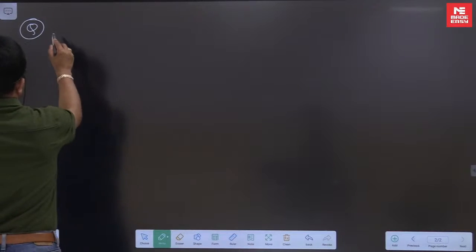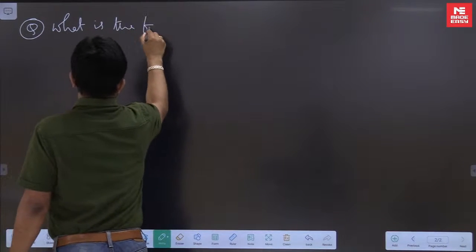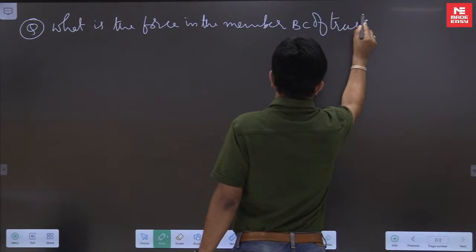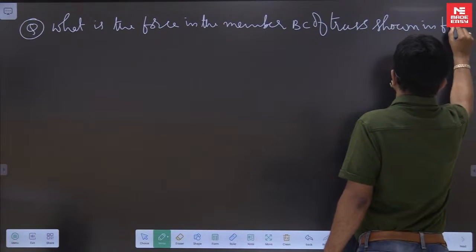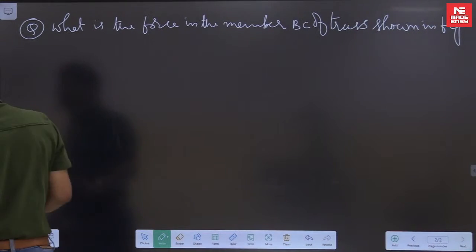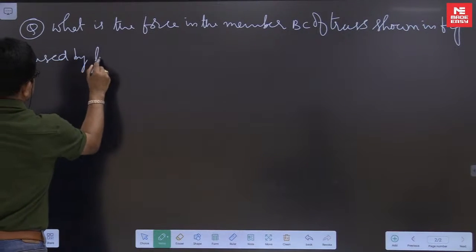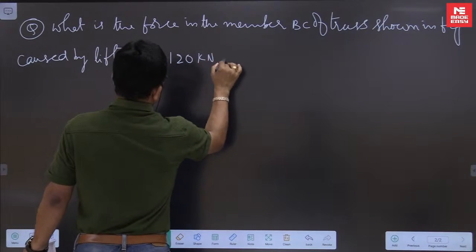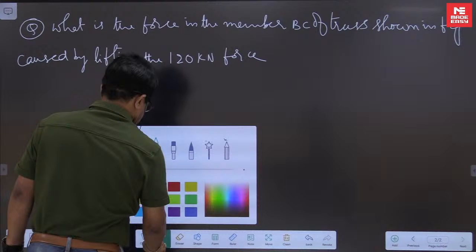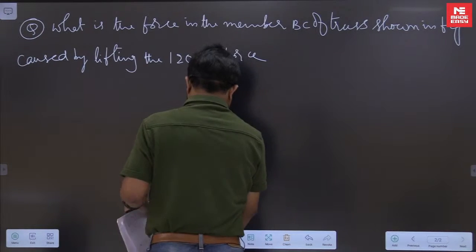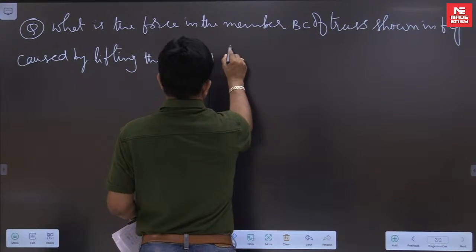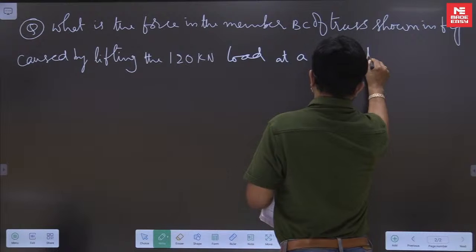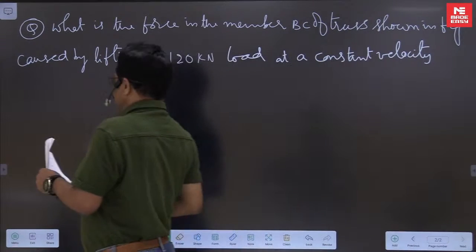What is the force in the member BC of the truss shown in figure, caused by lifting the 120 kilonewton force, one 120 kilonewton load, at a constant velocity of 3 meters per second?